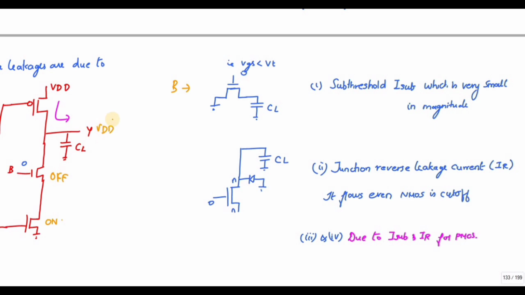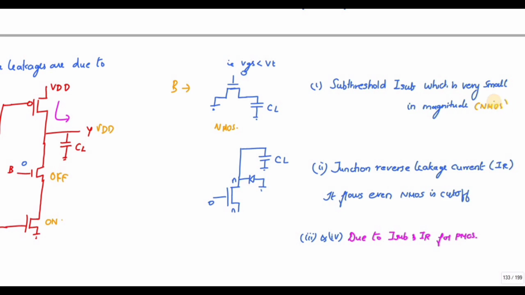Also, in the evaluation phase, the pre-charge phase is 0, so this also contributes to the subthreshold current. So the first one is the subthreshold current of the NMOS.